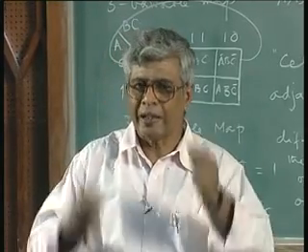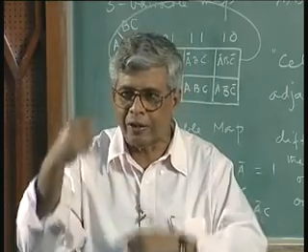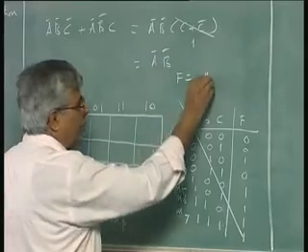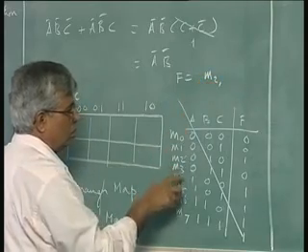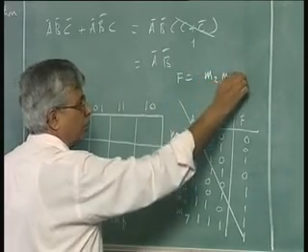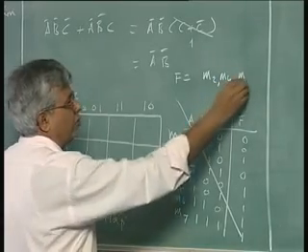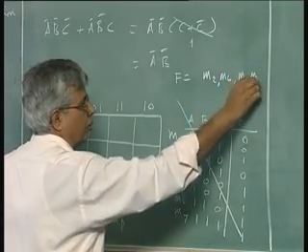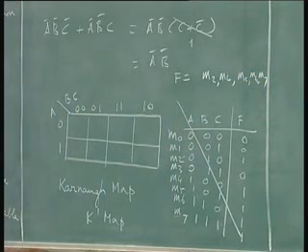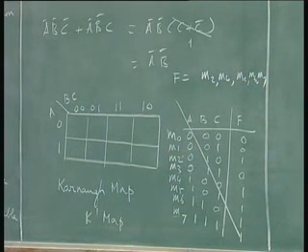So what is the point in writing everything in a big table and saying this is 1, this is 1, this is 1? Instead I am saying f is equal to minterm m2, m4, m5, m6, m7. For these minterms, the output is true or 1.